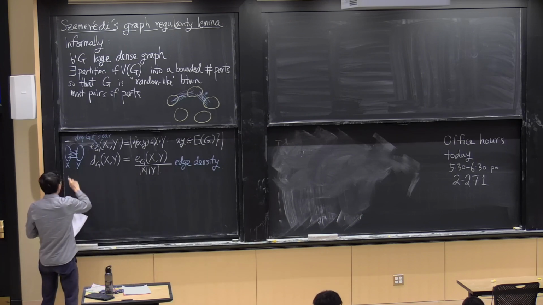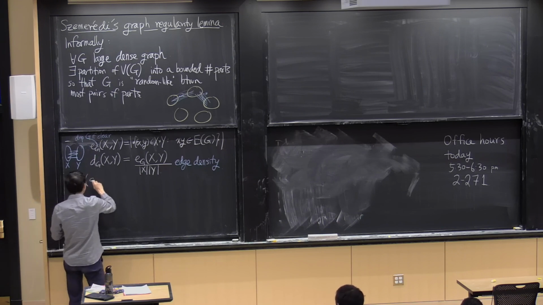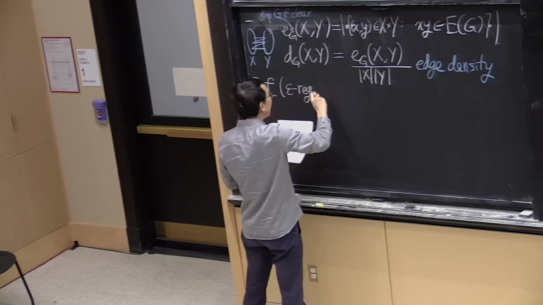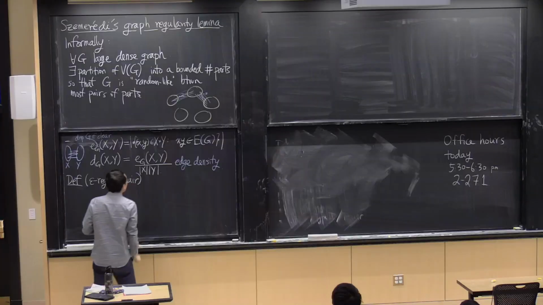Okay, so now here's the definition of what random-like means for the purpose of Szemerédi's regularity lemma. So we'll define the notion of an epsilon regular pair to be as follows.